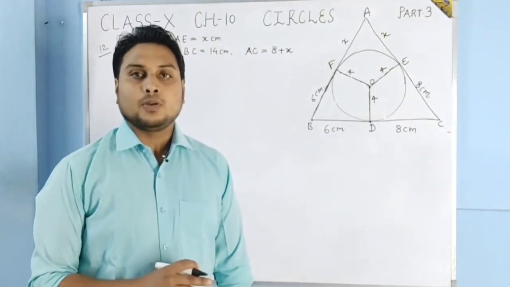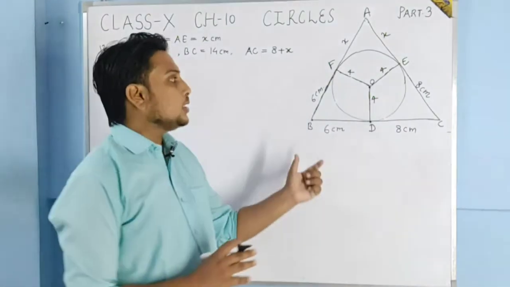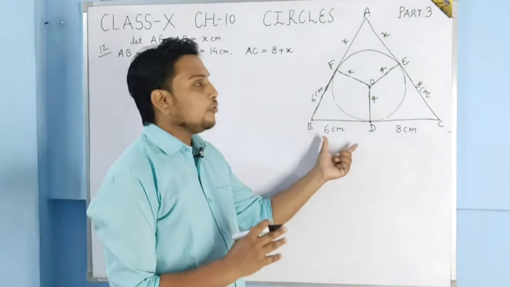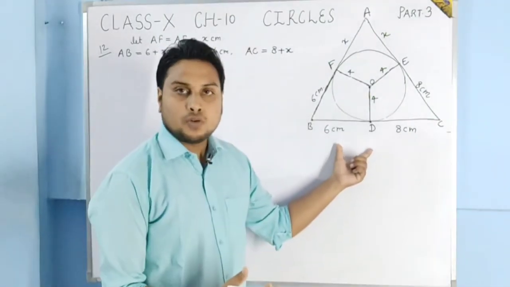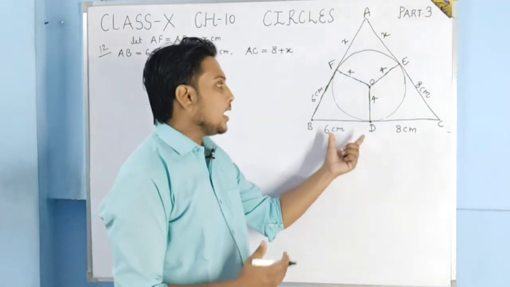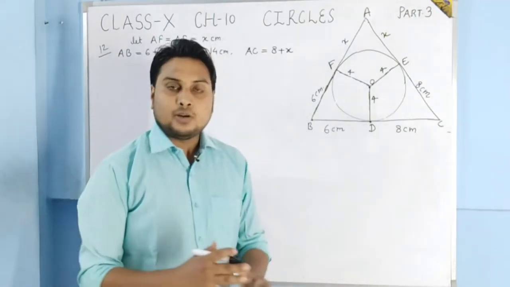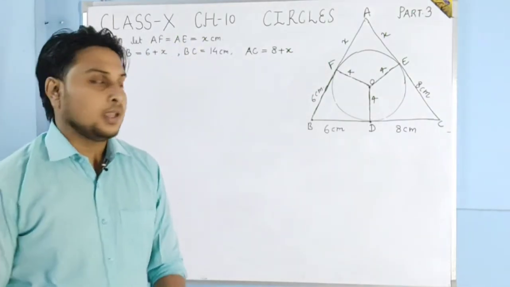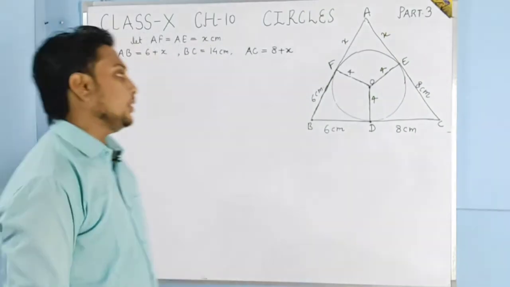So firstly I will find the area of this triangle by Heron's formula. After that we will find the area of the triangle with half into base into height. And like this we will get the value of X. How? Let us see.